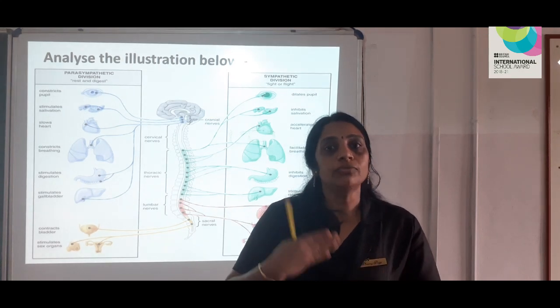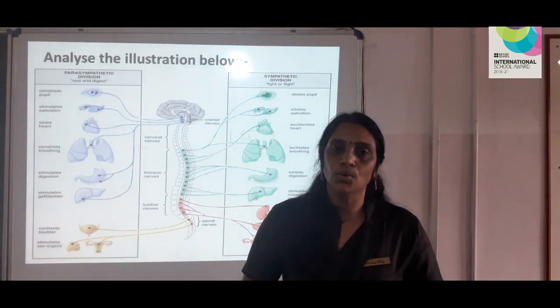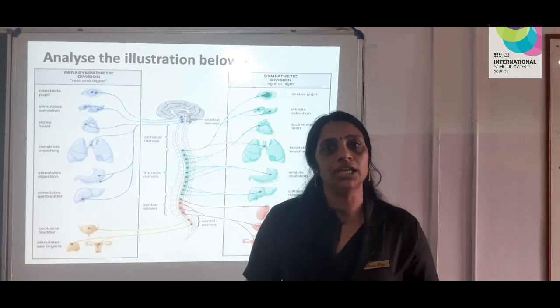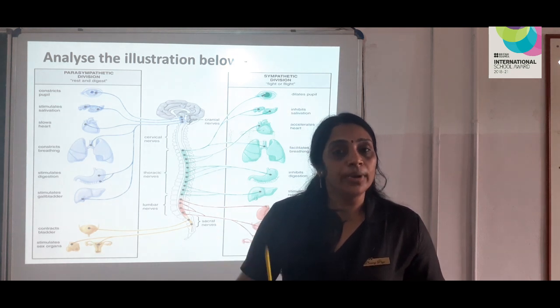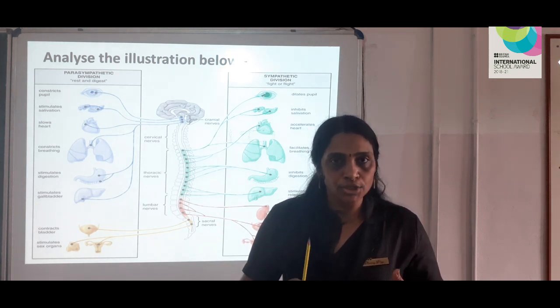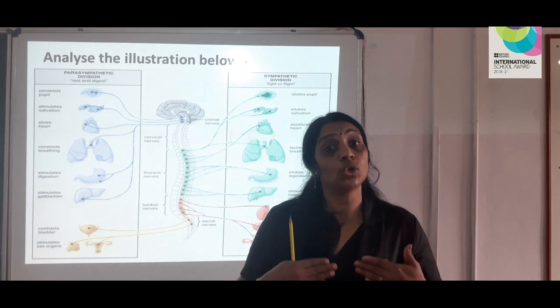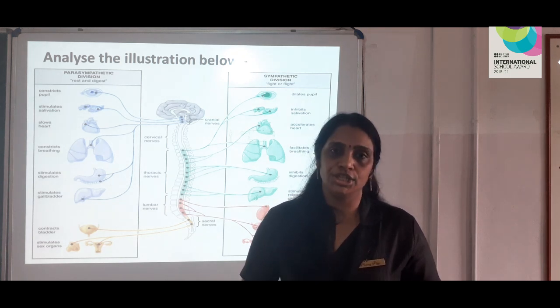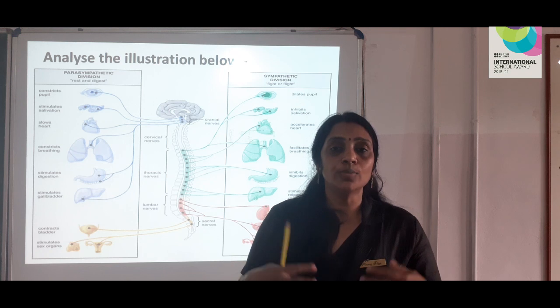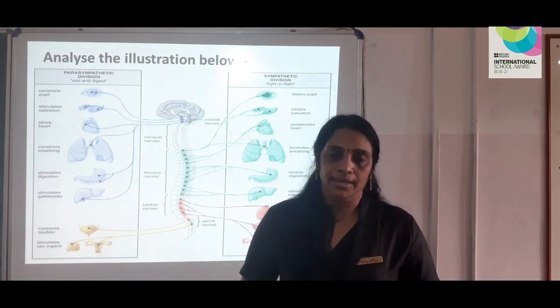That glycogen will be converted to glucose for more energy liberation. In the stomach, the peristaltic movement during the digestive process will slow down. Then the urinary bladder regains its original position so that it can accumulate more urine, isn't it?